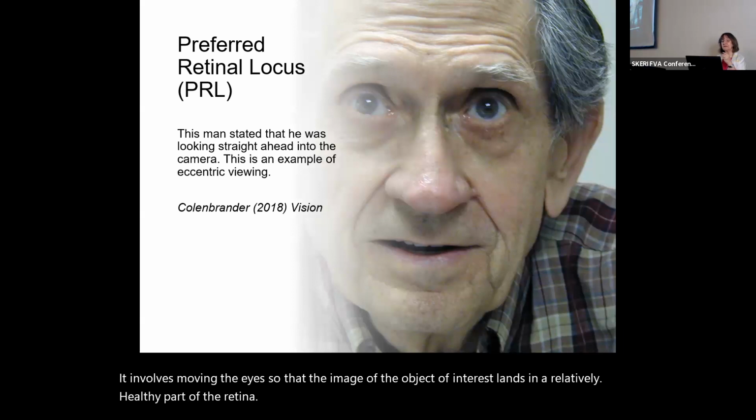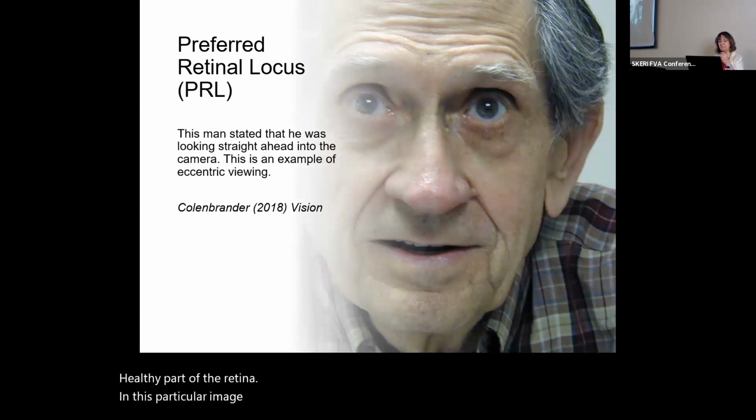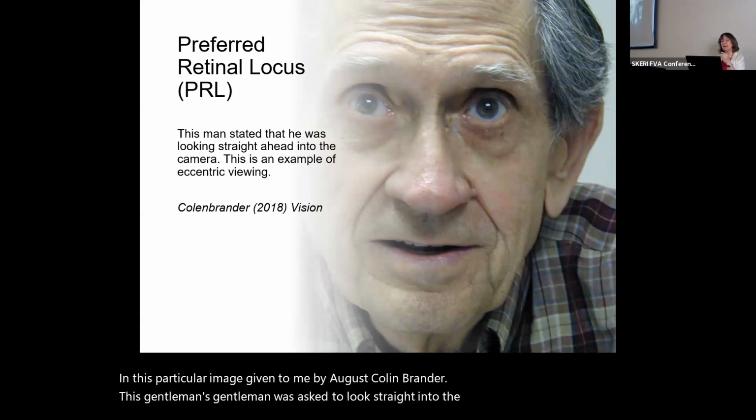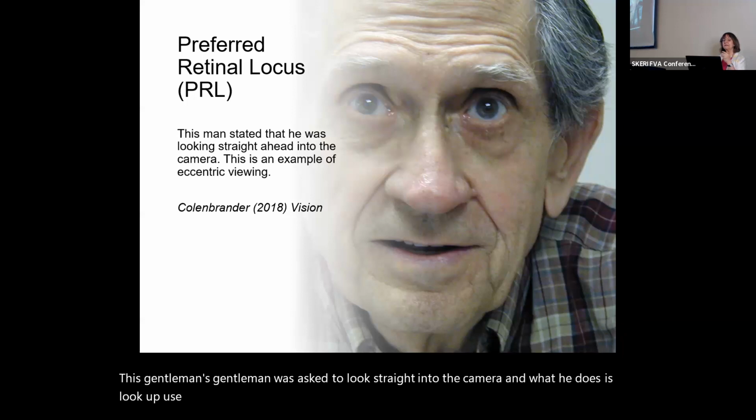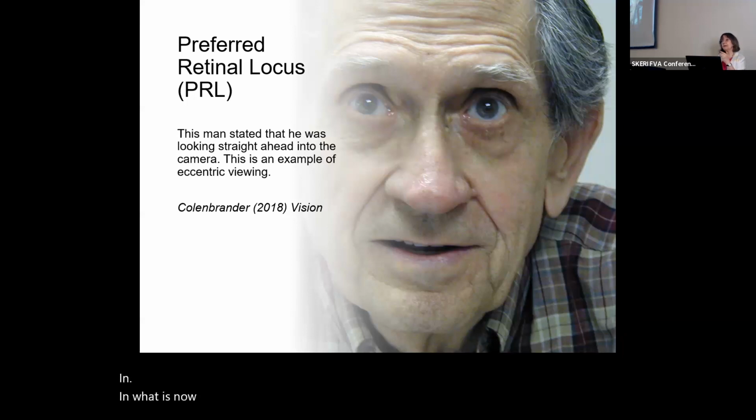In this particular image given to me by August Colenbrander, this gentleman was asked to look straight into the camera. And what he does is look up, use his lower visual field, that is the upper part of his retina, in what is now the new straight ahead for him.